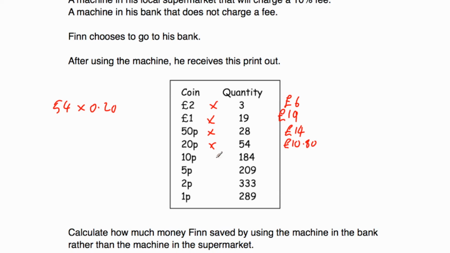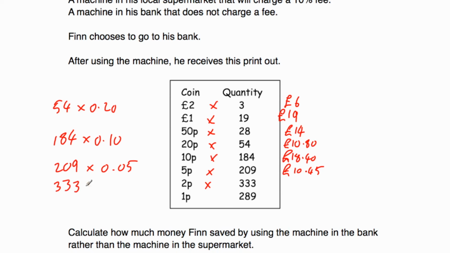He's got 184 10p's, so 184 multiplied by 0.1 is equal to £18.40. 5p coins, so 209 multiplied by 0.05 is equal to £10.45. He's got 333 2p coins, so 333 multiplied by 0.02 is equal to £6.66. And finally, he's got 289 1p coins, that's going to be equal to £2.89.